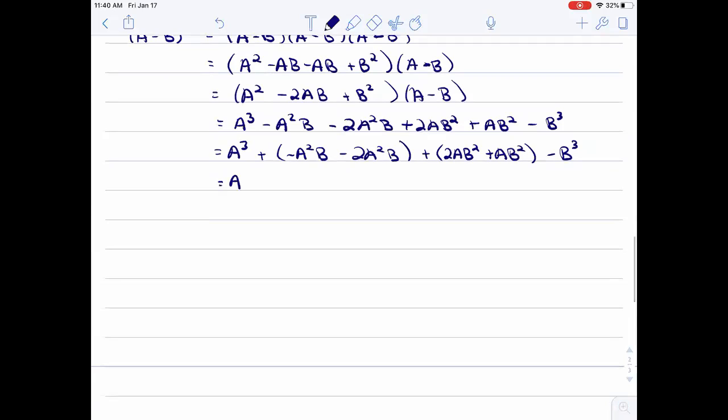So now I have a to the power of 3 minus 3a squared b plus 3ab squared minus b to the power of 3.